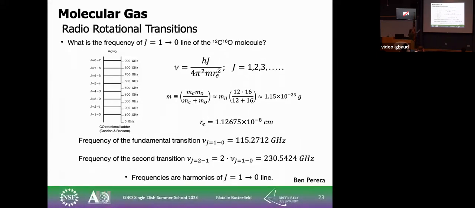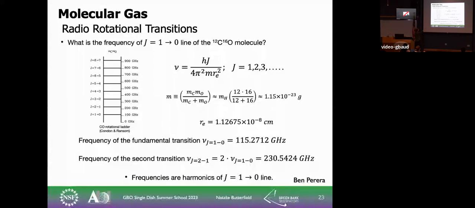You have your J transitions here, the physical constants, and then you need to calculate M and your R_e. For our mass, it's just the mass of the carbon plus the mass of the oxygen, and you plug those in and you can find what your rest frequency is.